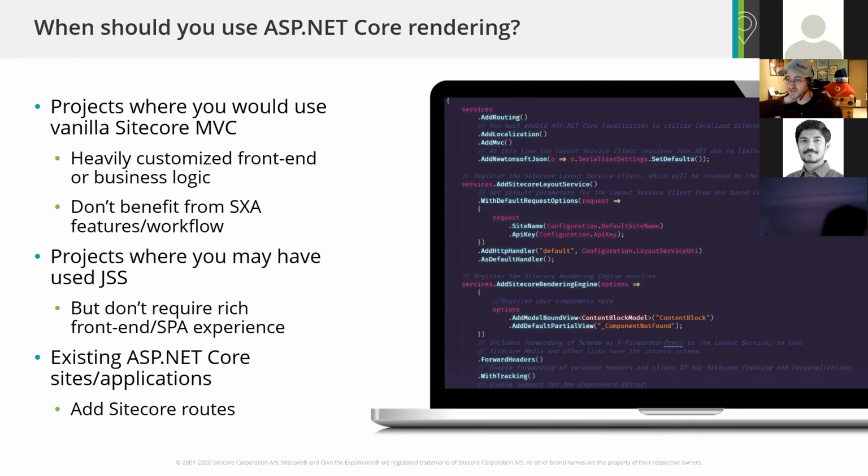So note there are some limitations still, as this is a brand new option. We don't have support yet for Sitecore forms in particular. Authentication is going to be more work than with Sitecore MVC, but Rob Earlham from Tech Marketing has an example of that coming out soon.